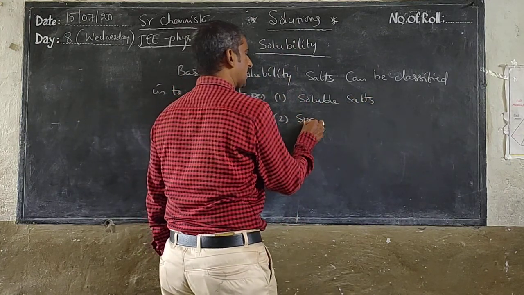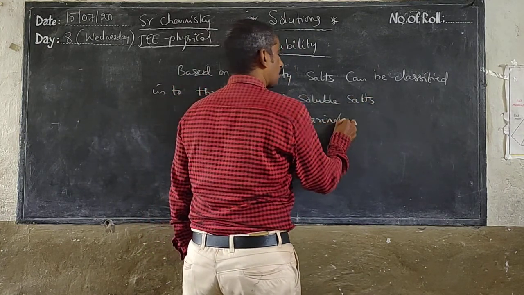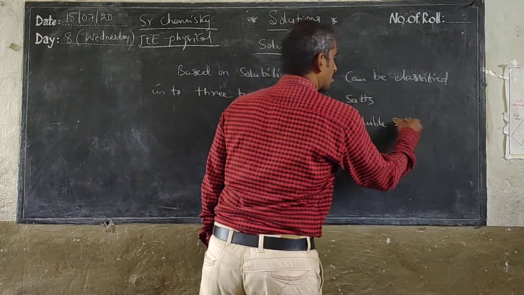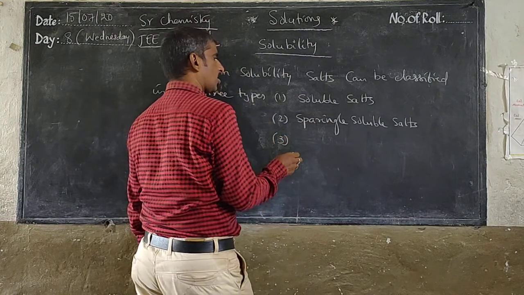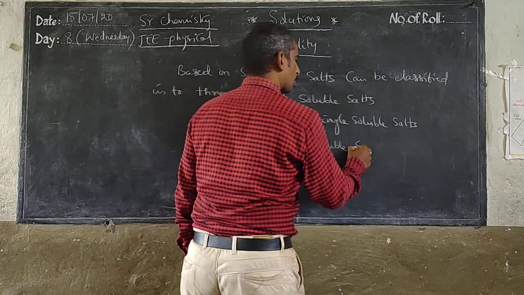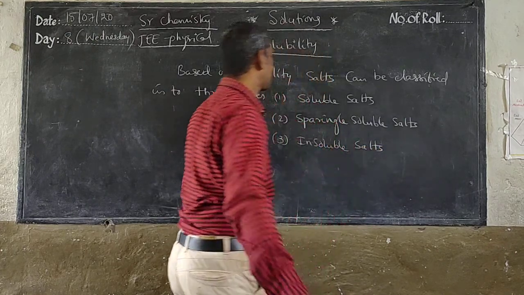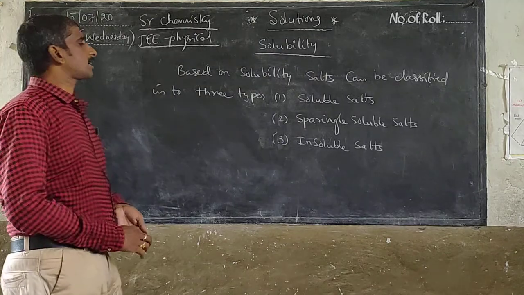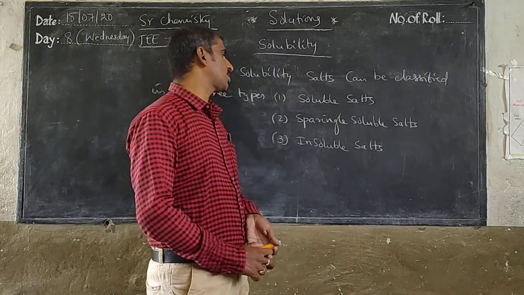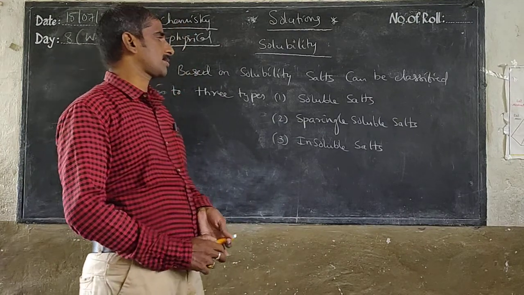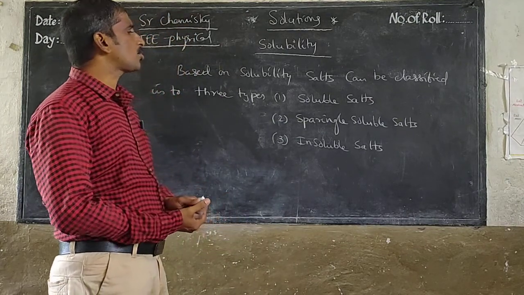Second, sparingly soluble salts. And third one is insoluble salts. So first, soluble salts.